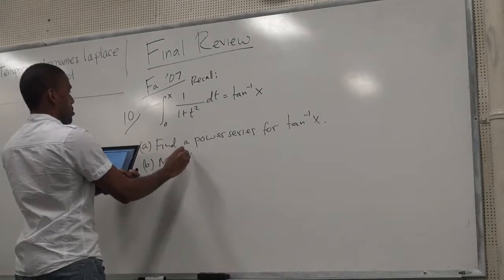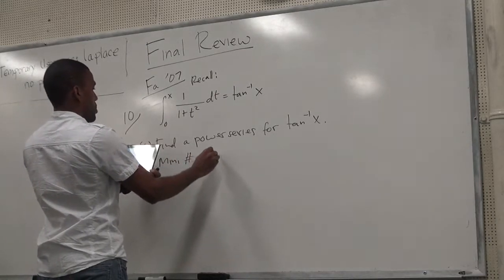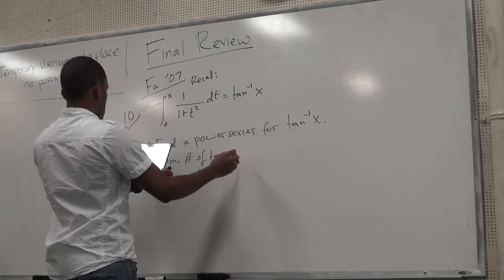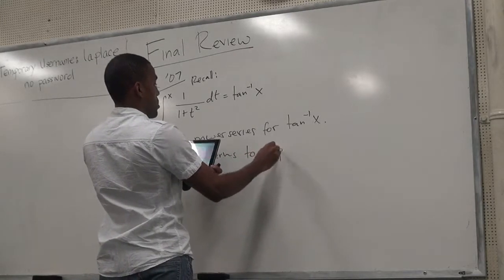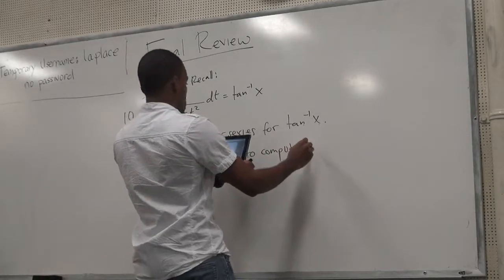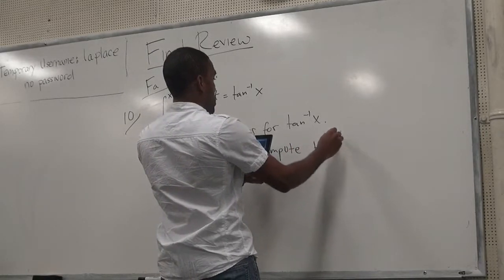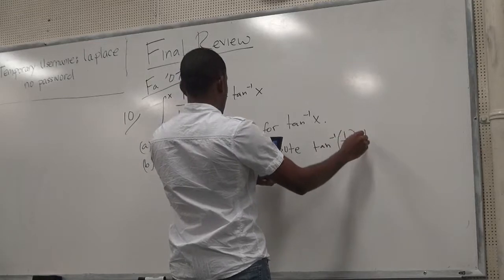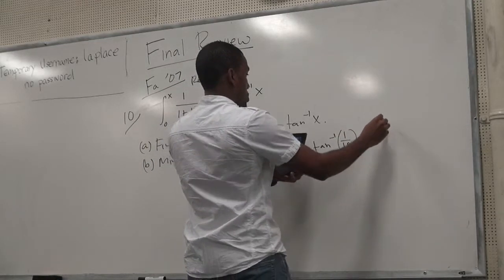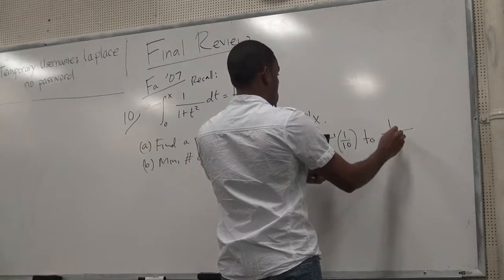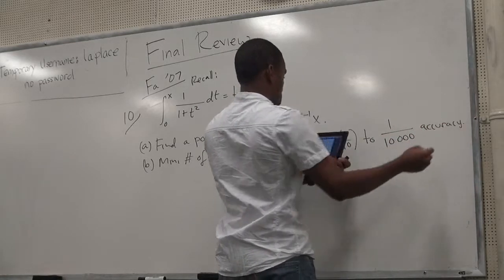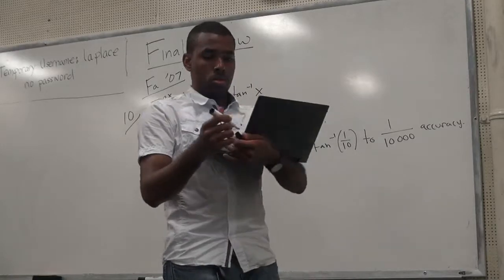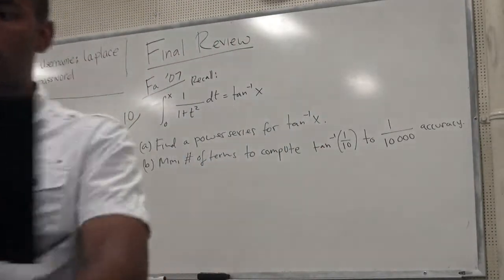Then find the minimum number of terms to compute tan inverse of 1/10, and of course, justify your answer.